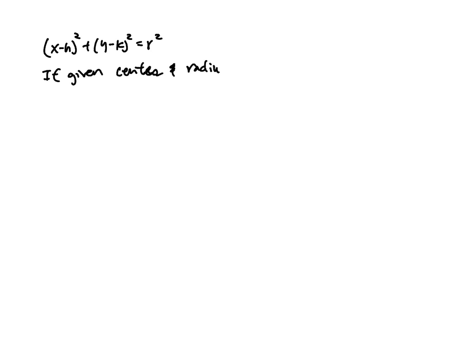If we are given a center and radius, all we have to do is plug it in, and then we're done. With the center being negative 3, 4, and the radius equal to the square root of 21, I'm just going to plug them in.